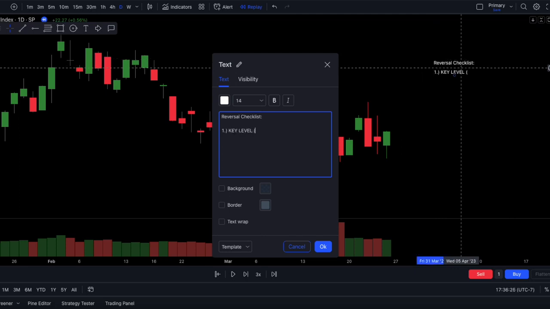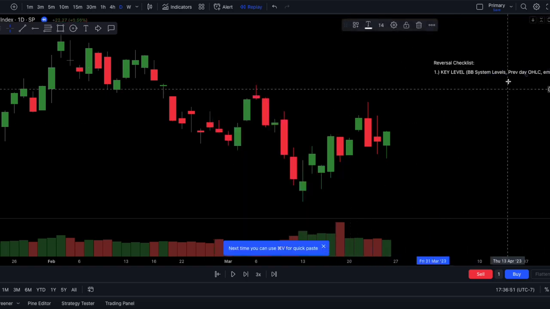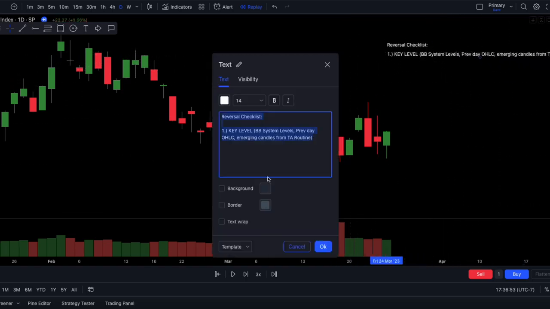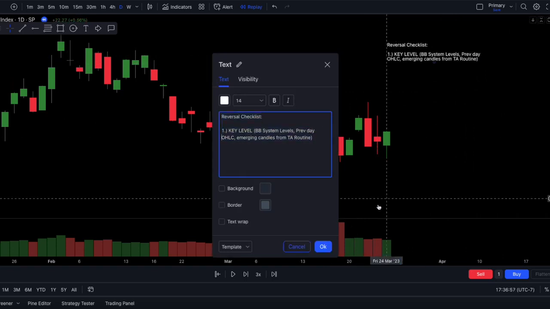That could be anything from the BB system levels, like the previous day open, high, low, close, or 2 day ago, three day ago open, high, low, close, or any emerging candles from TA routine, right? So that's number one. Let's get this down here.